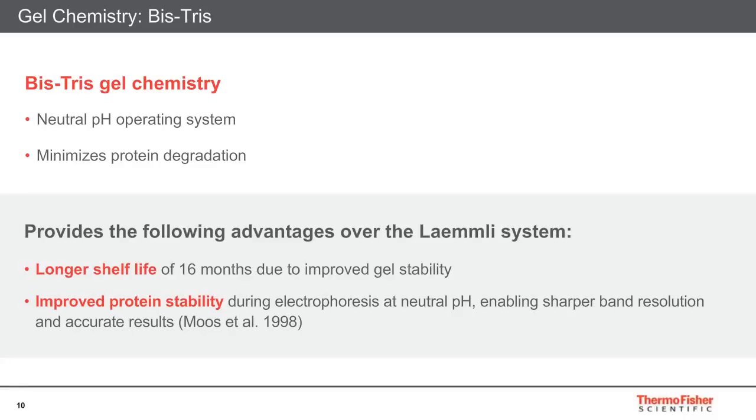So in the next few slides, I will discuss the different gel chemistries of precast gels and their advantages. As we have discussed already, the Bis-Tris gel chemistry has a neutral pH operating system, which plays a vital role in minimizing protein modification and protein degradation, thereby preserving sample integrity. Since the Bis-Tris gel chemistry is comparatively less reactive with acrylamide, the Bis-Tris gels have a shelf life of up to 16 months at room temperature.